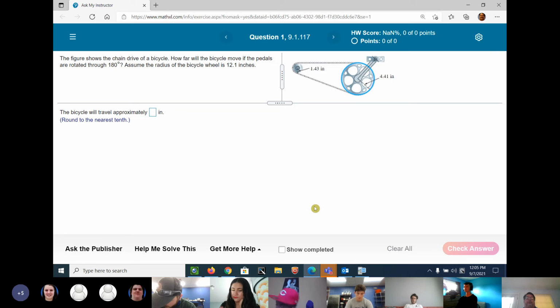How far would the bicycle move if the pedals are rotated 180 degrees? Okay, here we go. So I'm going to just use my R. Let me go A, 180 degrees. And then B says, assume the radius of the bicycle wheel is 12.1. So R is equal to 12.1 inches.